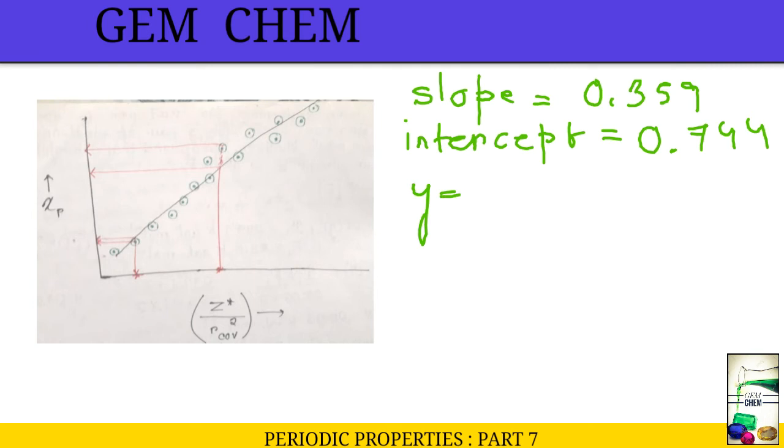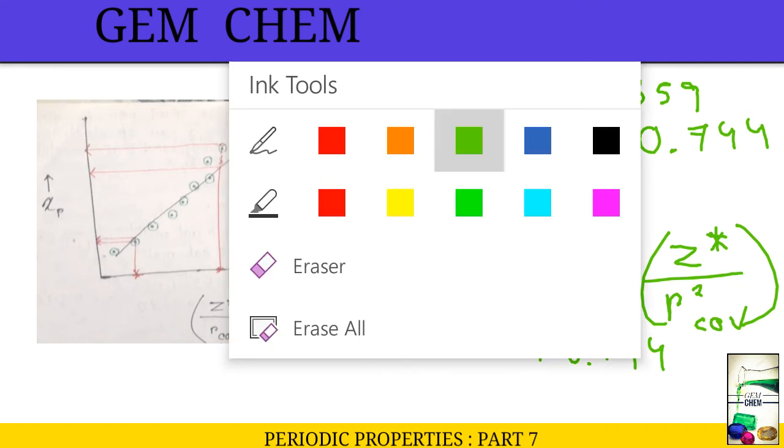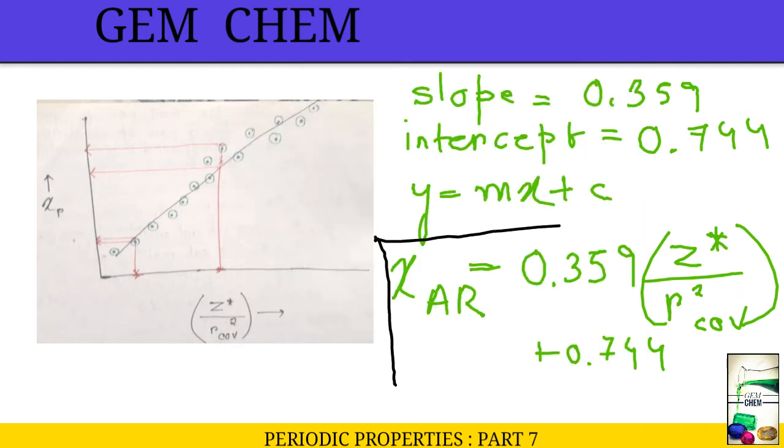By applying this y equals mx plus c, the electronegativity of Allred Rochow was found to be 0.359 Z star by R square cov, that is covalent radius, plus 0.744. So this was the electronegativity obtained for this scale, and this electronegativity is represented as absolute electronegativity.